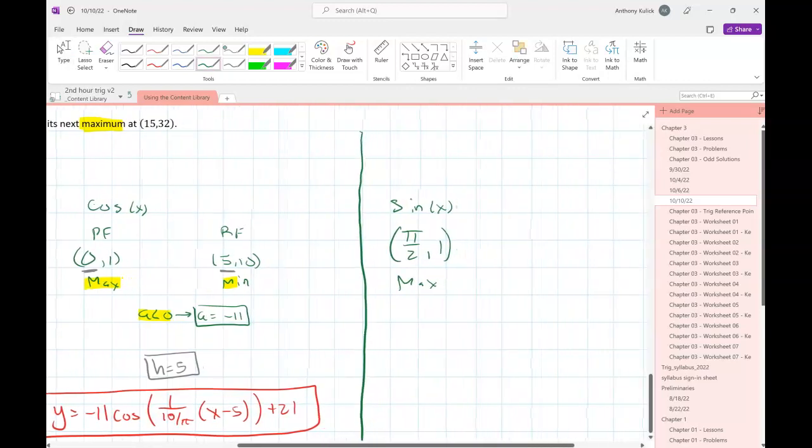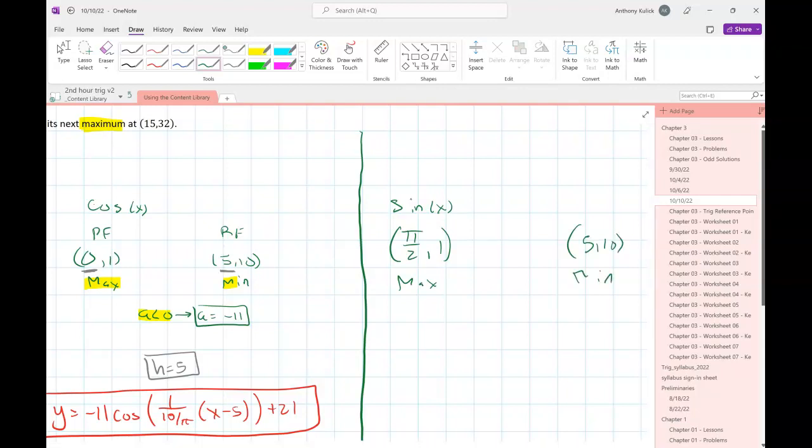So if I wanted to pair that with, say, the same 5, 10, I get that the a is still negative, but to find the h, I have to do c times the x from the parent function, plus h equals the x from the resultant function. Which is just kind of like a little bit of a pain, right?